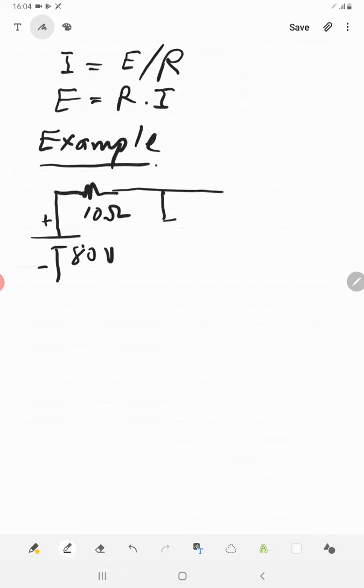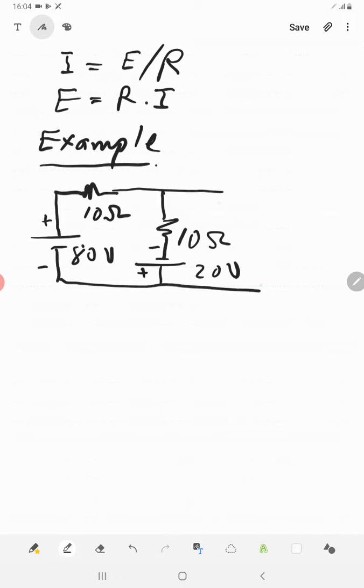And then we have another resistance of, let's say, 10 ohms with a voltage source of 20 volts, minus plus, in series with a resistance of 15 ohms, and this is A and B.